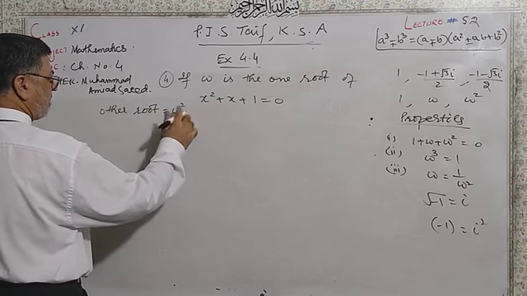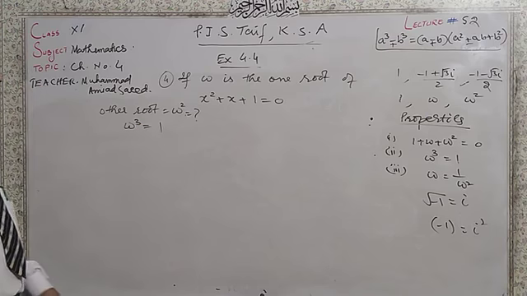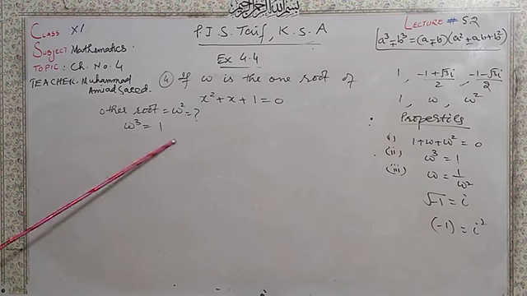We have to find it. Similarly, also omega cube is equal to 1. Dear students, one root is omega, another root we have to find. And after that, after multiplying them, we must get omega cube is equal to 1.